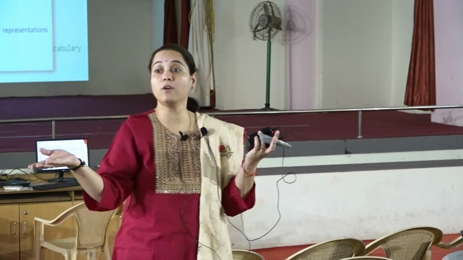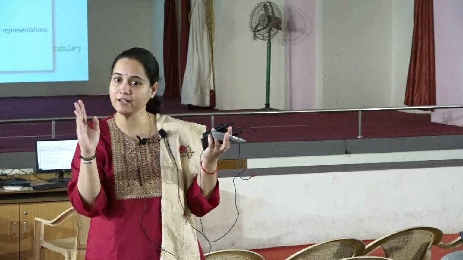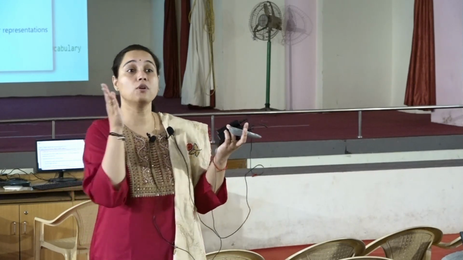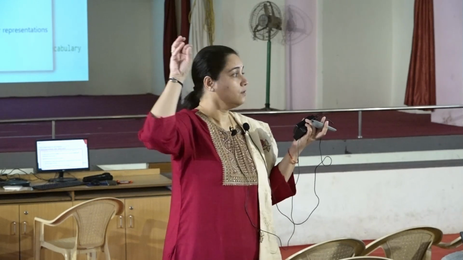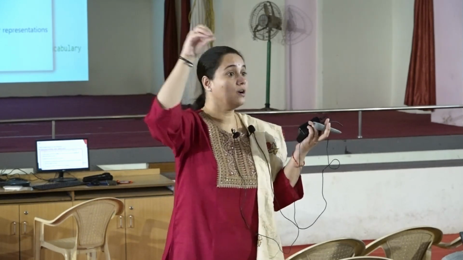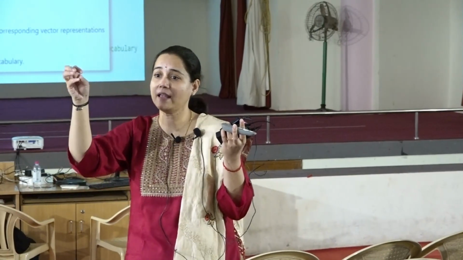Its target would be another word, right? Not the word, but the location of that word, the index of that word. Understood? So your input is going to be what? Vectors as your context. Your target is going to be what? Integer as an index.